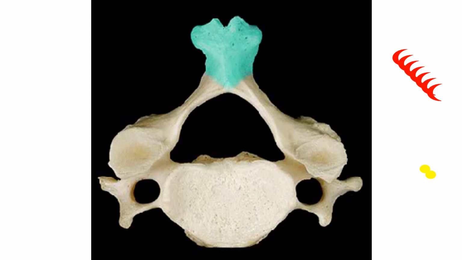Let us review again the information you can get from this cervical vertebra. This is a typical one. It is not the atlas, it is not the axis. You can see the structure marked green. This is the spinous process, which is posterior, and it is bifid.